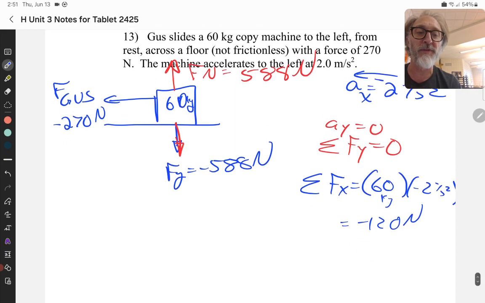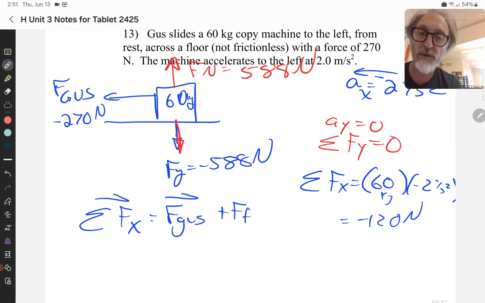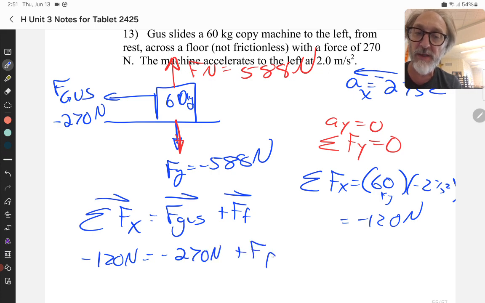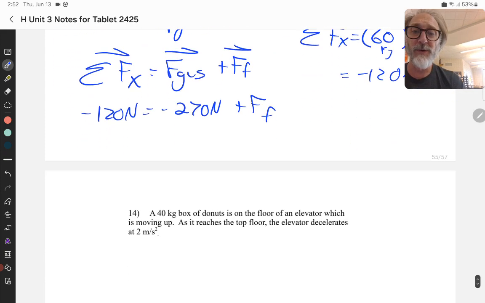Now I can figure out what the force of friction is, because my net force horizontally is the result of Gus and friction. So -120 newtons equals -270 newtons plus something. Add 270 to both sides, and your force of friction turns out to be positive 150 newtons. I think we're almost done.